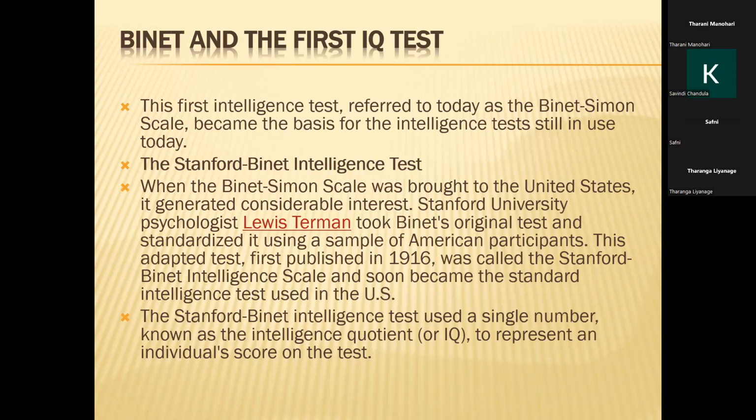For example, if you are just 8 years old, and the child is able to answer questions given for 10-year-old children, that child's mental age is 10 years. Its chronological age, the physical age, is 8, but since the child can answer correctly the 10-year-old paper, the mental age is 10 years. And then it is understood that the intelligence is more than the average.